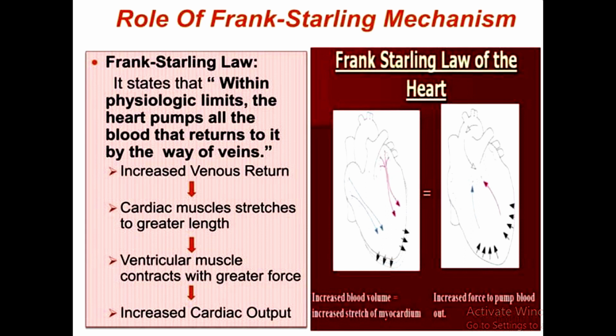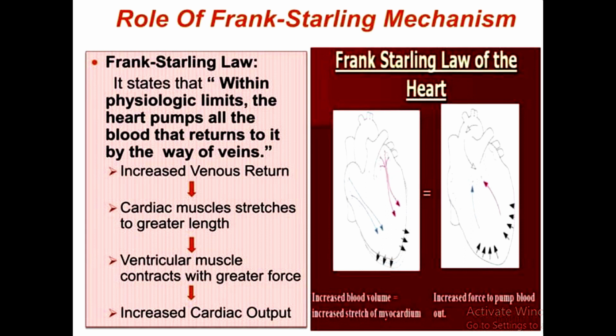Stretching of muscle fibers will increase their length, which will increase the force of contraction, and that will increase the cardiac output. So the force of contraction of the heart and cardiac output are directly proportional to the preload, whereas the afterload is the force against which the ventricles must contract and eject the blood. The force of contraction of the heart and the cardiac output are inversely proportional to the afterload.